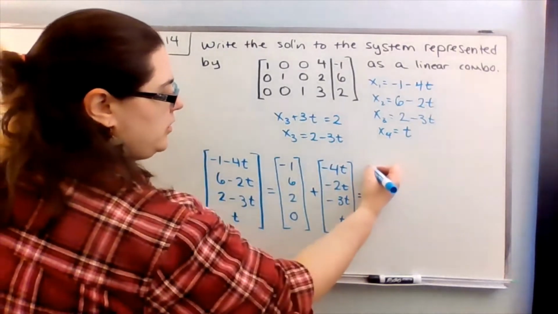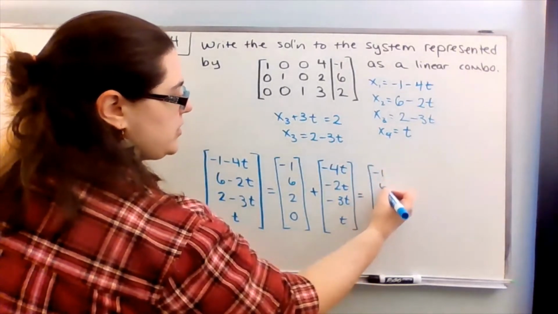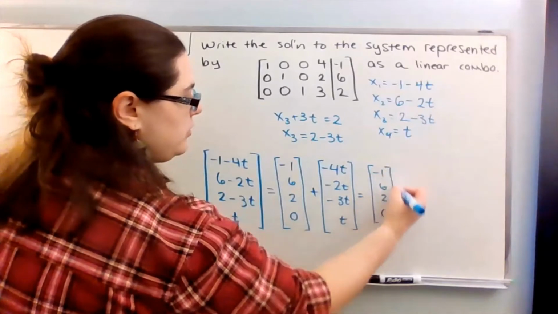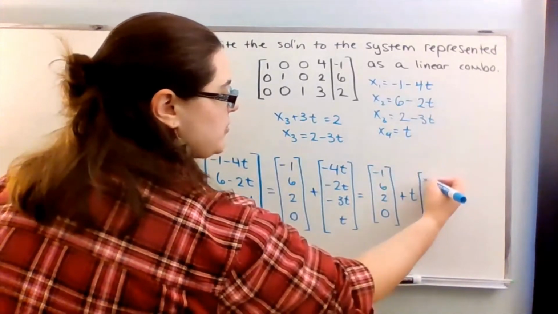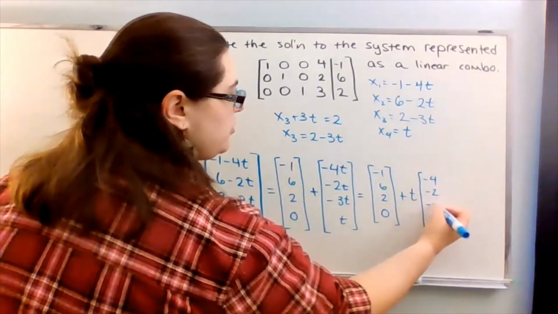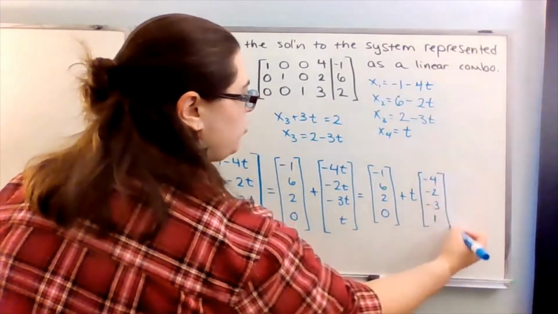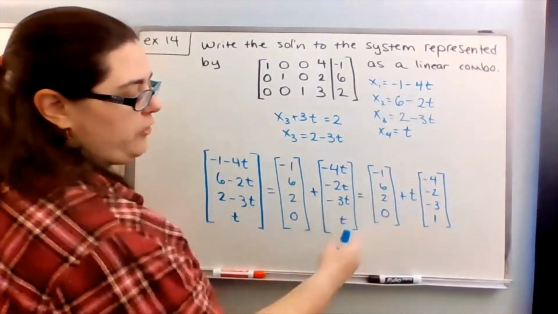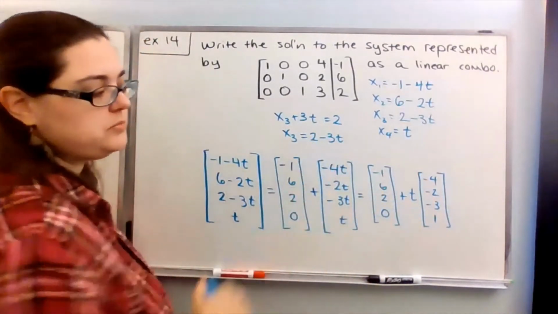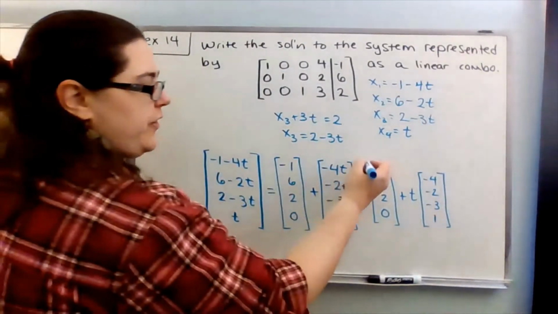So I'm going to get -1, 6, 2, 0 plus t times -4, -2, -3, and 1. So this matrix here is made up of the coefficients of the t here. And this would be my final answer.